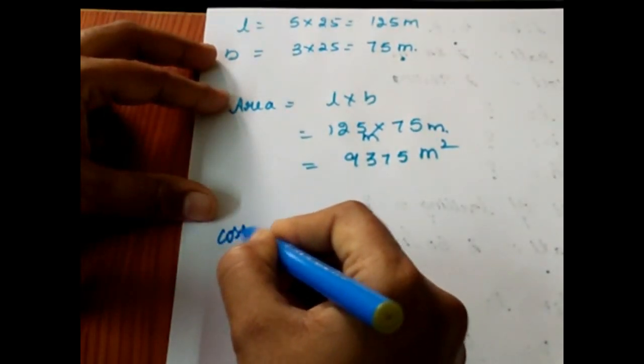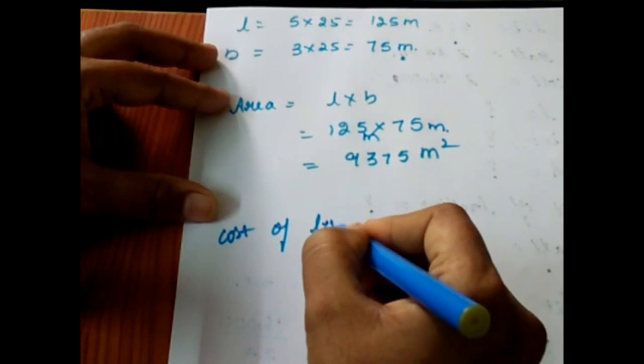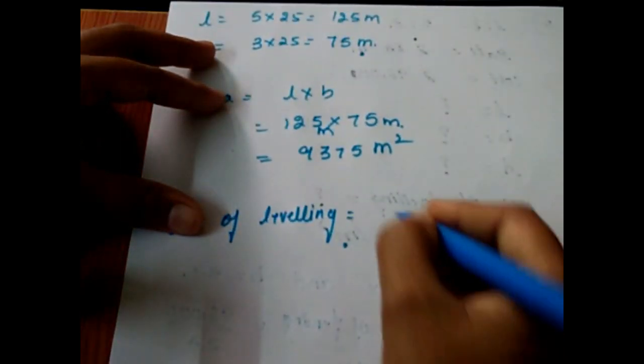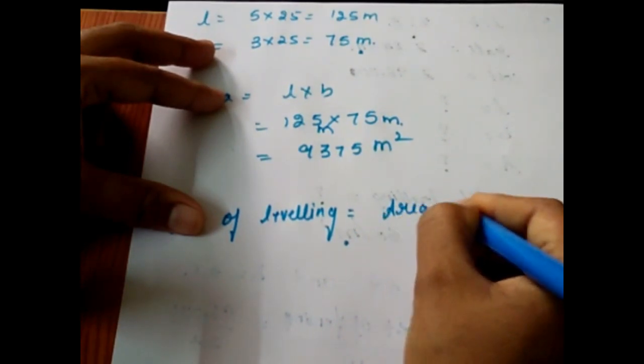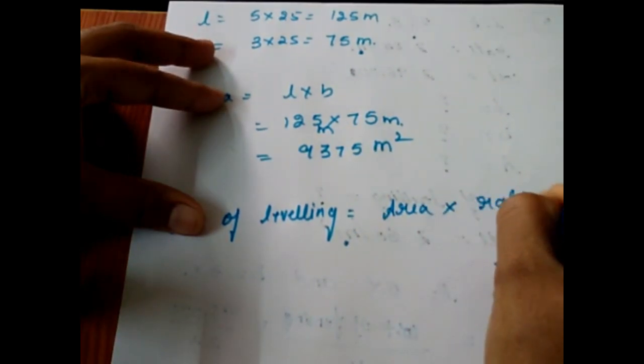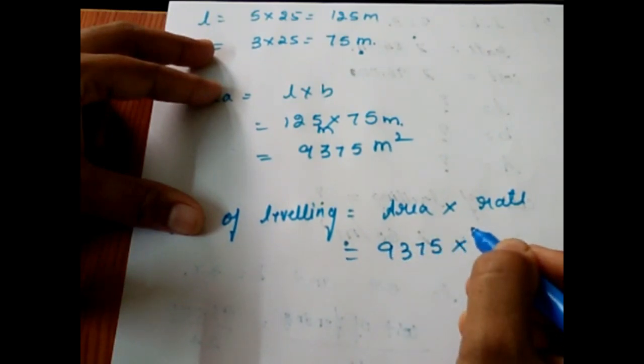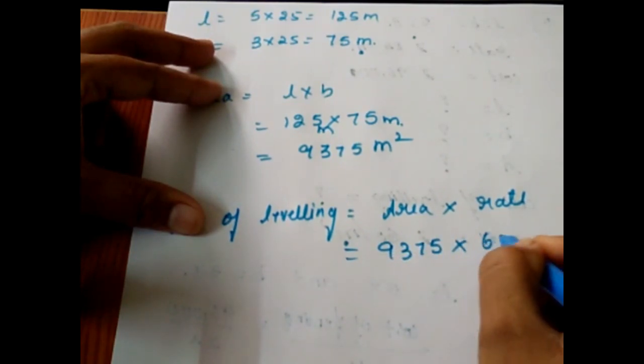Next is last step, cost of leveling. So cost of leveling is area into rate. So area is 9,375 and the rate is given as 60.